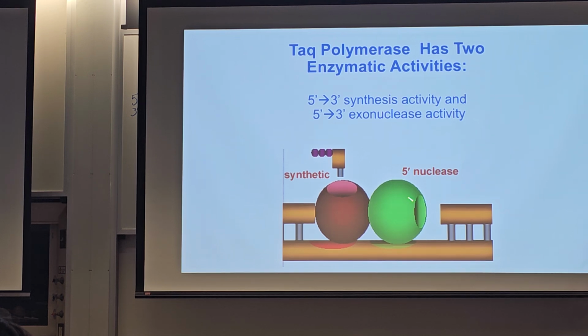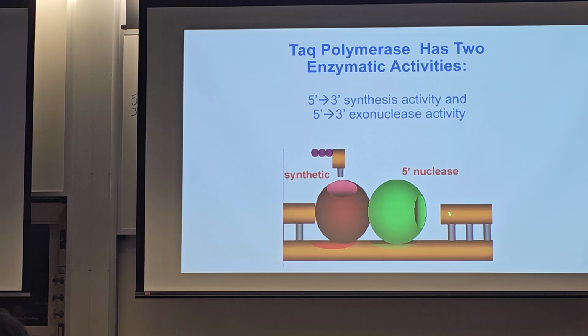This is the Taq polymerase here. And what the Taq polymerase is doing is it's synthesizing 5' to 3' this way, so it's moving in this direction. This part of the polymerase is the part that's doing the synthesis, that is adding the nucleotides to the 3' end here. Here's the next nucleotide coming in, right? It will be added there.